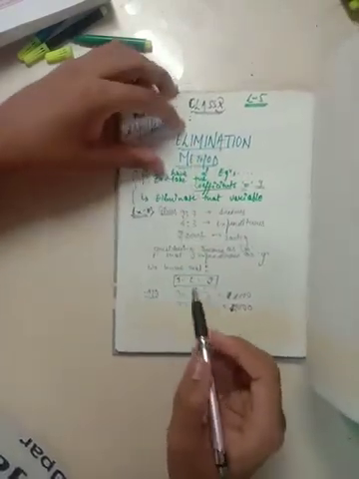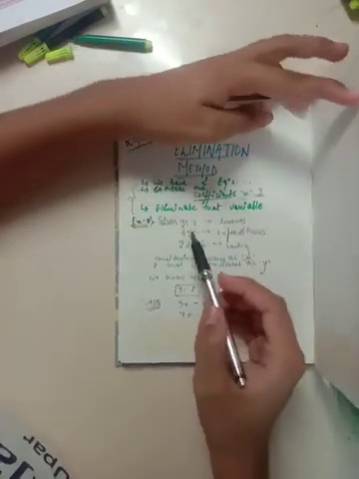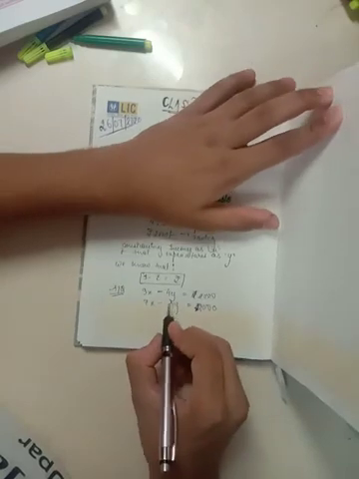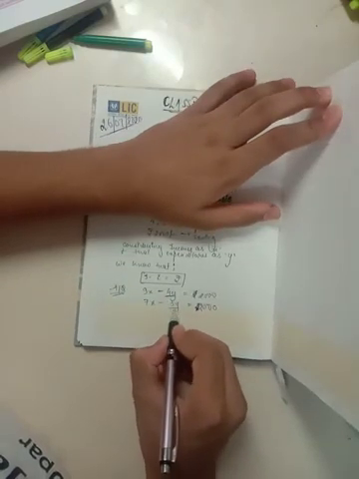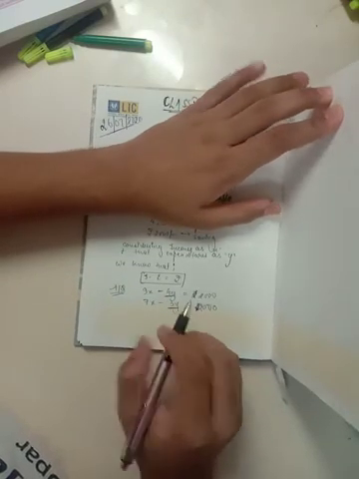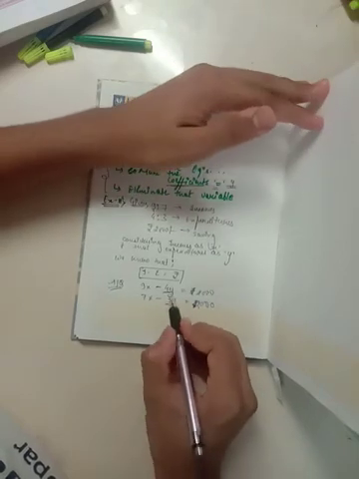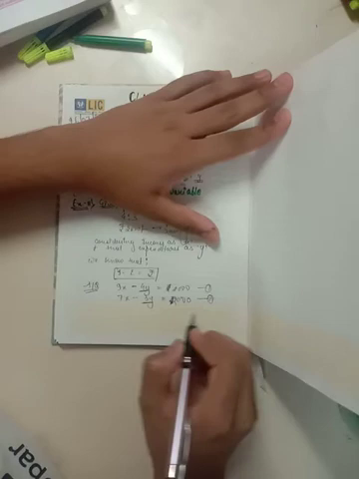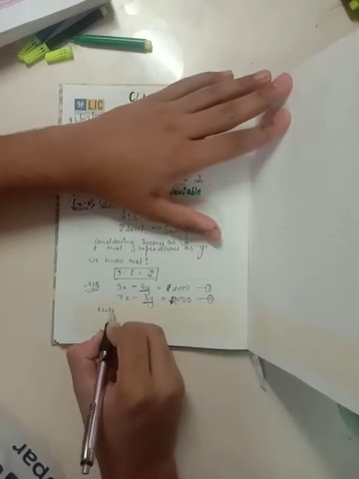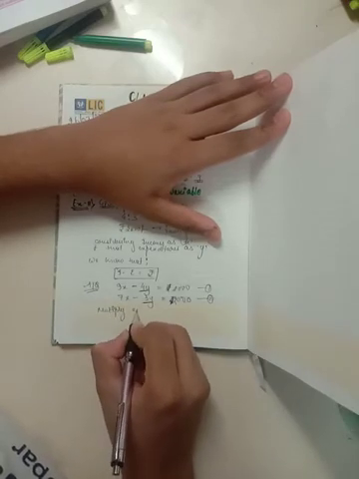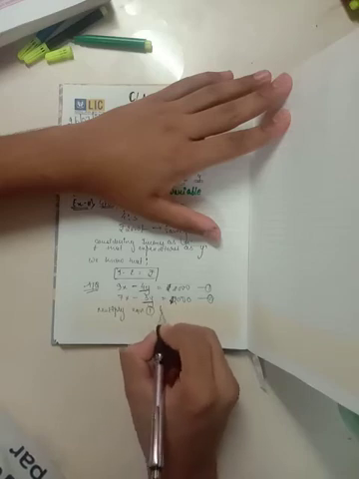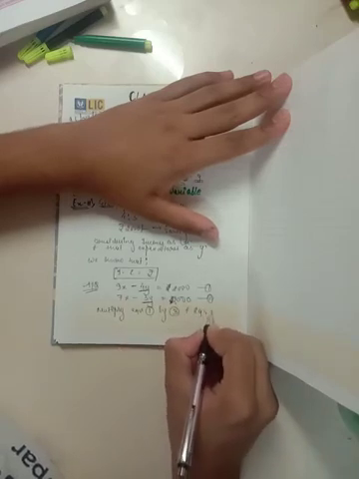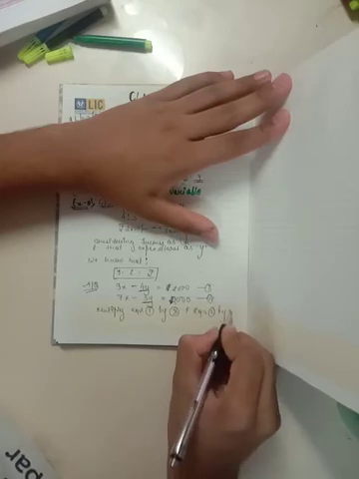So further we wrote these equations, and now our process begins. We have to make the coefficients of any one variable equal. So here I can see that it is easier for me to make the coefficients of y equal. So for that, if I name it 1 and if I name it 2, I would multiply equation 1 by 3 and equation 2 by 4.